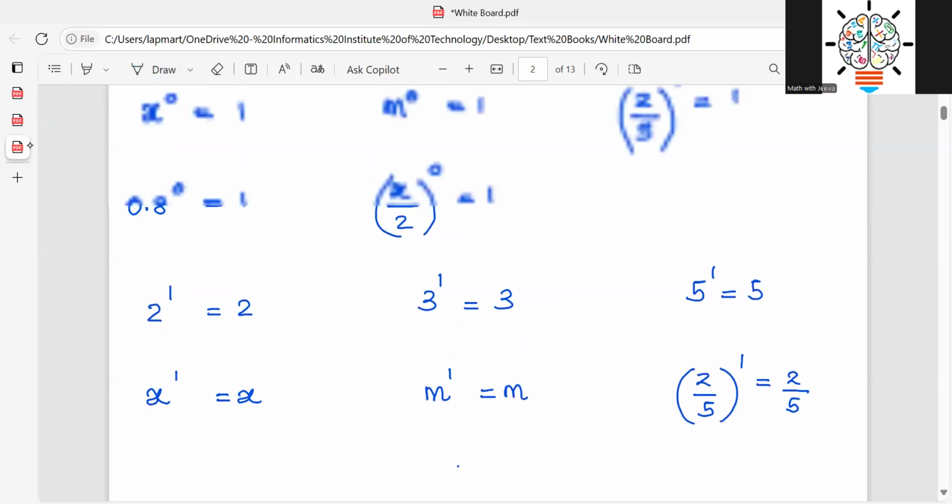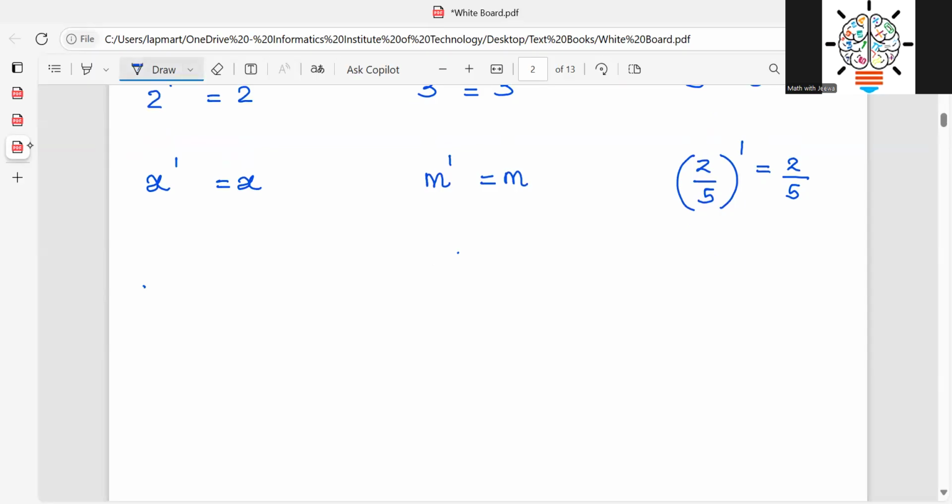See that the same thing I am writing, 0.8 to the power of 1, the answer is 0.8. X/2 to the power of 1, the answer is x/2.